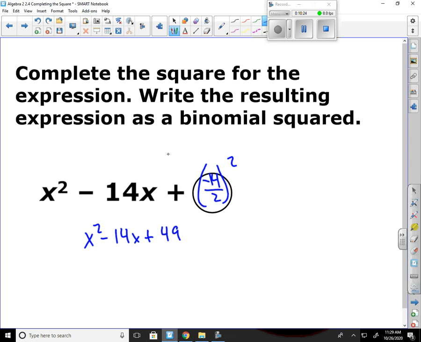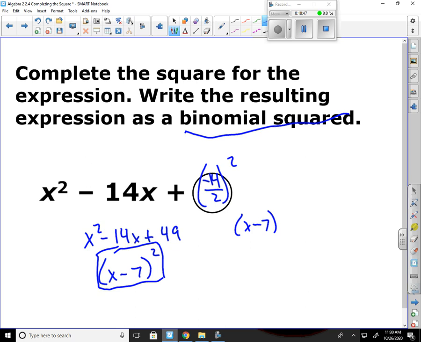Now it says they want it as a binomial squared, which means we need to have two terms. We currently have 3. And this is where we take whatever we got inside of here. Negative 14 divided by 2 was negative 7. And that's our binomial squared. If I multiplied that out, you would see I'd come right back to x squared minus 14x plus 49.